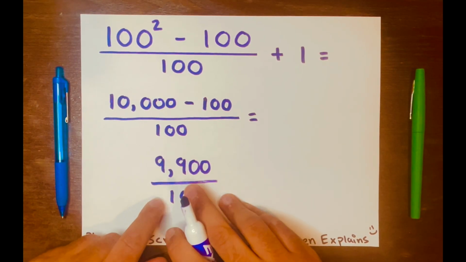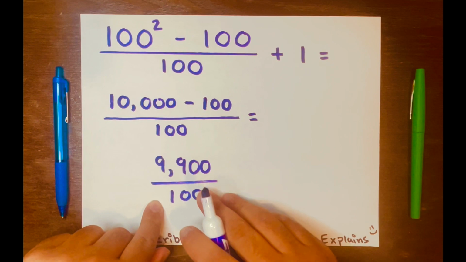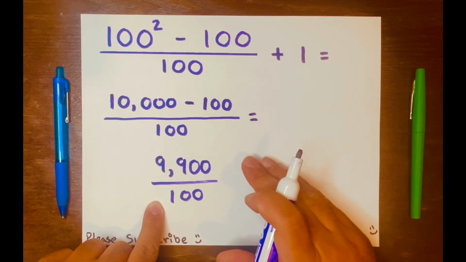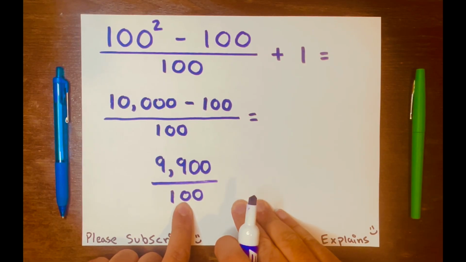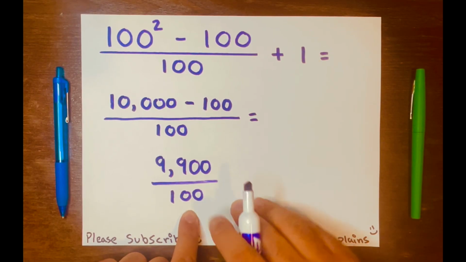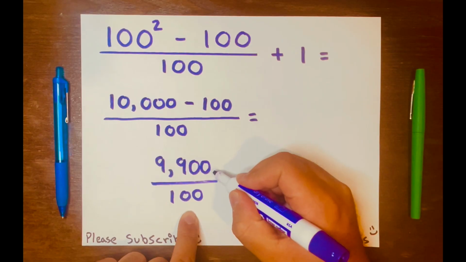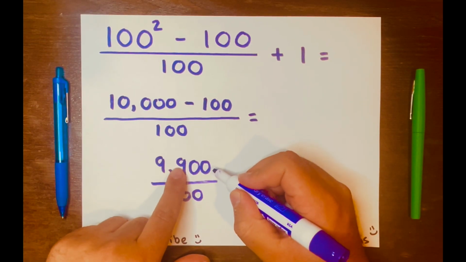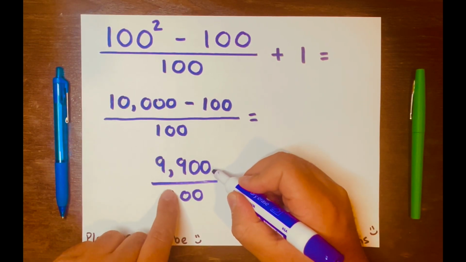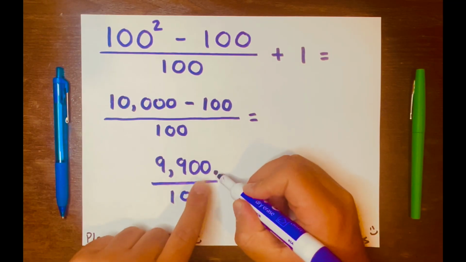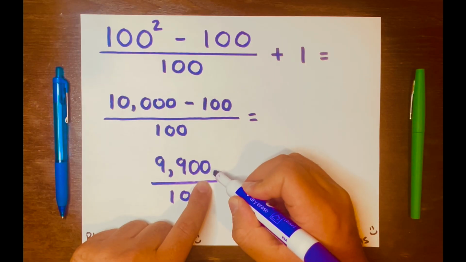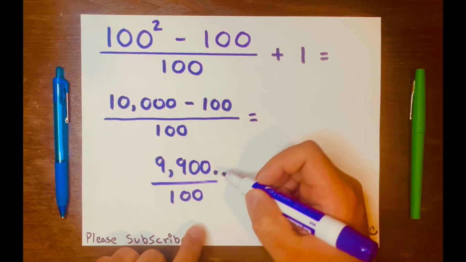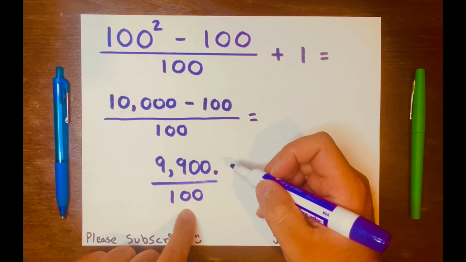Now, here's the trick. When you are dividing by 10, 100, or 1,000, you move the decimal point of the dividend, or the numerator, to the left. There's a decimal there. It's invisible, but it's after the number. You move it to the left by the number of zeros.